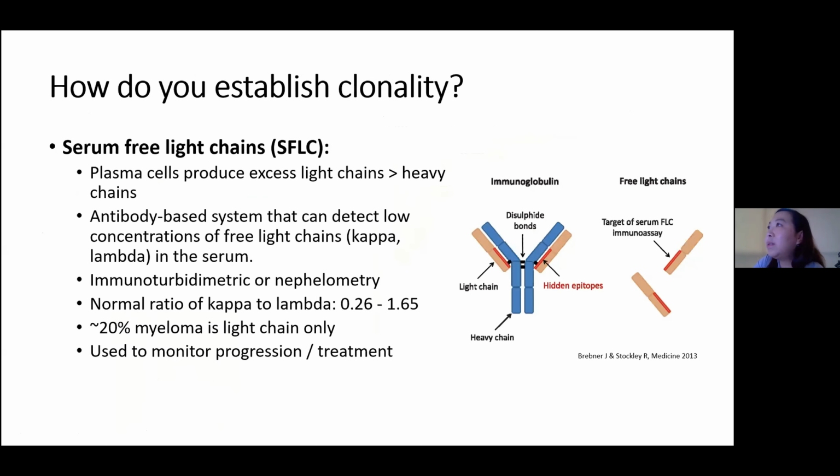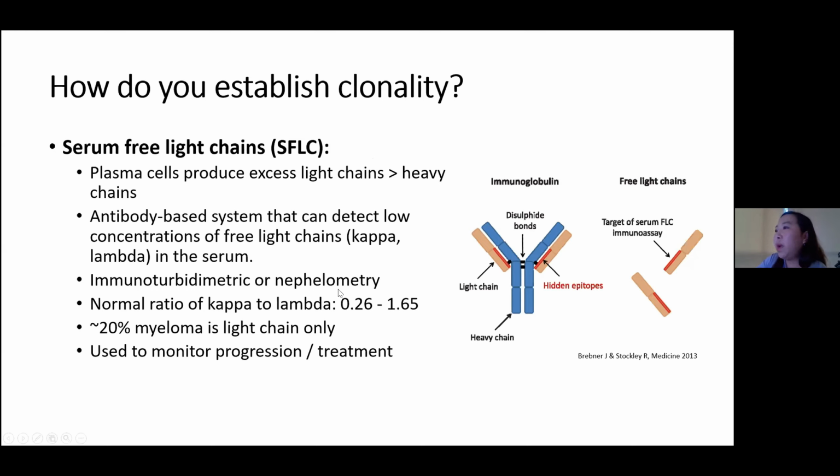And there's also another assay that only detects the light chain, right? Instead of the whole antibody molecule, it only identifies the light chain portion. Plasma cells normally produce excess light chain compared to heavy chain, and there's an antibody-based system that can detect the light chain concentration.